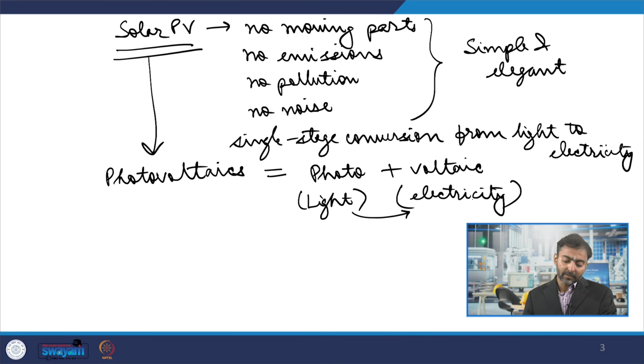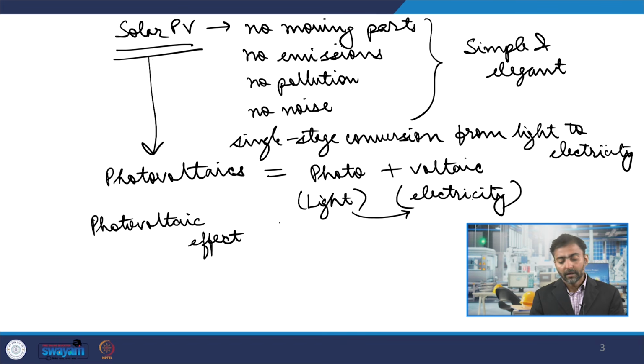Now if you look at the history of how the photovoltaics, the system of solar PV, came into existence. The photovoltaic effect, the science that there are some materials on which, if there is light falling, they use the photons of the light to produce electricity directly.